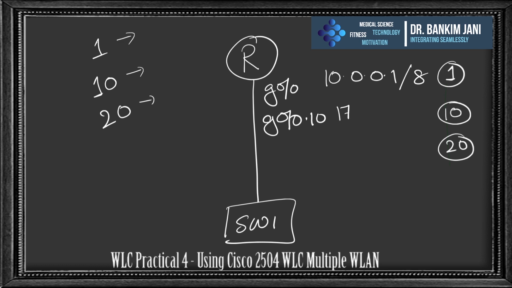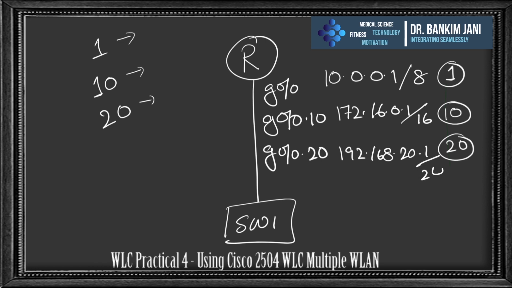So let's put it like 172.16.0.1/16 and Gig 0/0.20. So let's put it 192.168.20.1/24. Now these addresses are something which we will be using as the gateway for their respective networks.